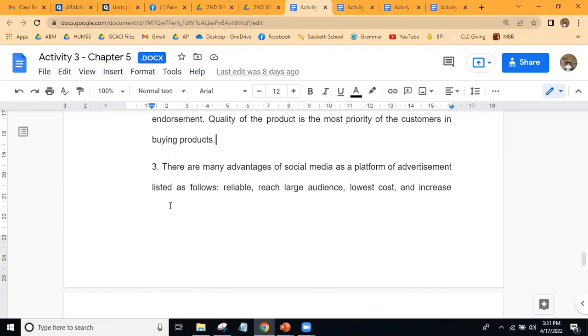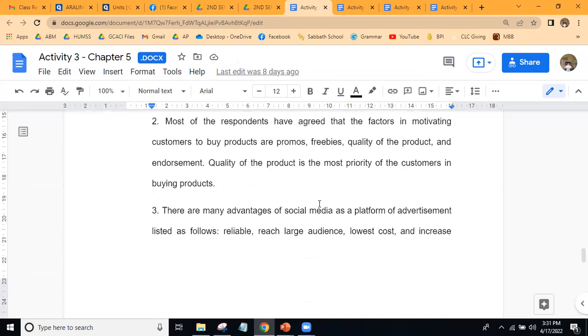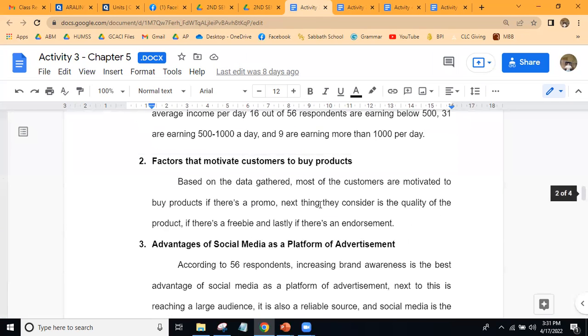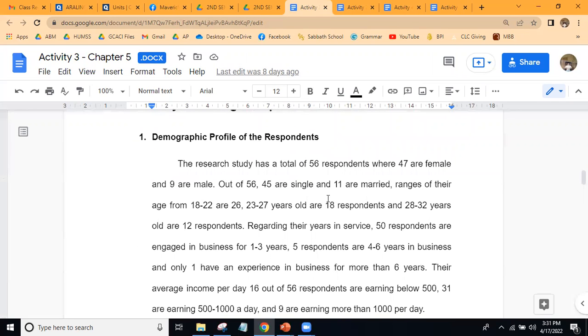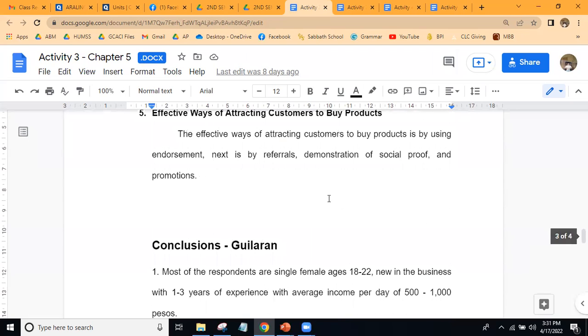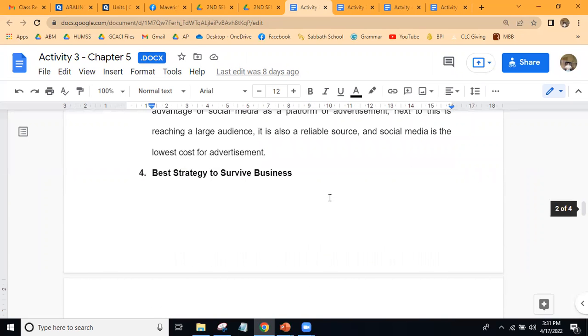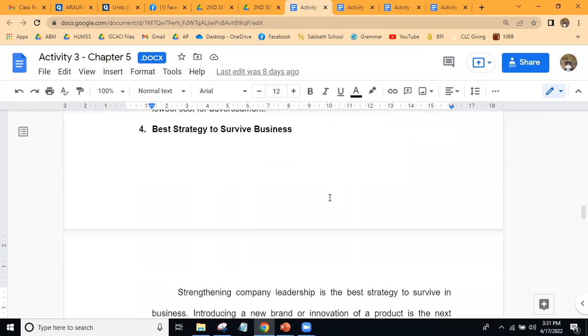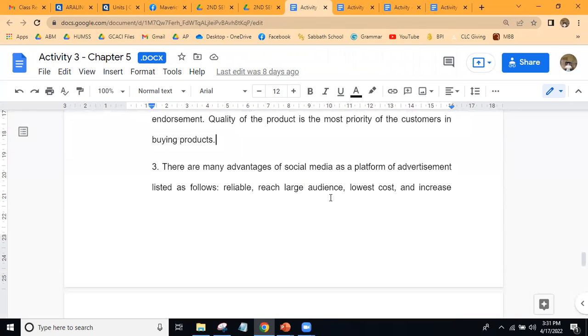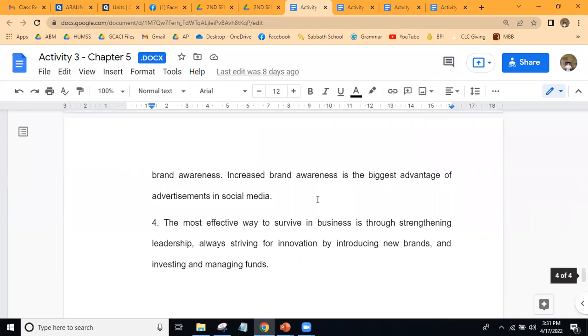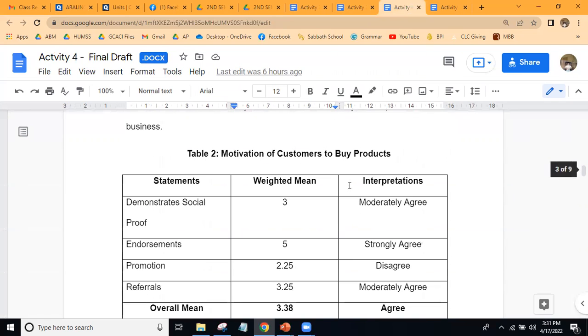Okay, so next, there are many advantages of social media as platforms. So remember, itong conclusion natin na ito ay galing dito sa ating summary of findings. Okay. So number 4. The most effective ways to survive in business is through strengthening leadership. Ayan. So, kasi yung strengthening leadership, yun yung nakita natin na pinakamataas ang score.